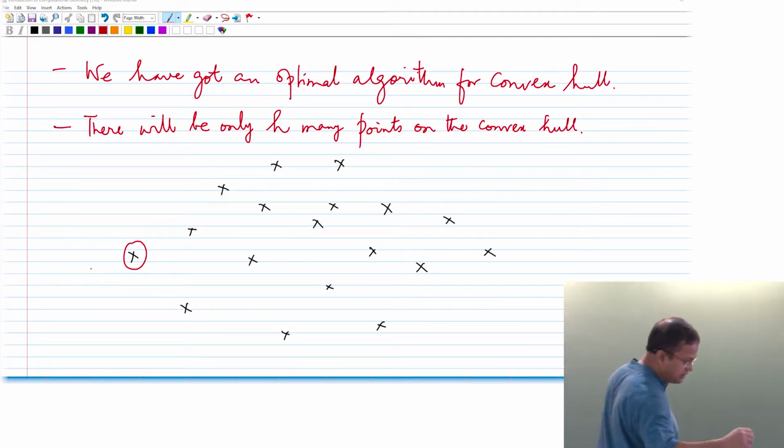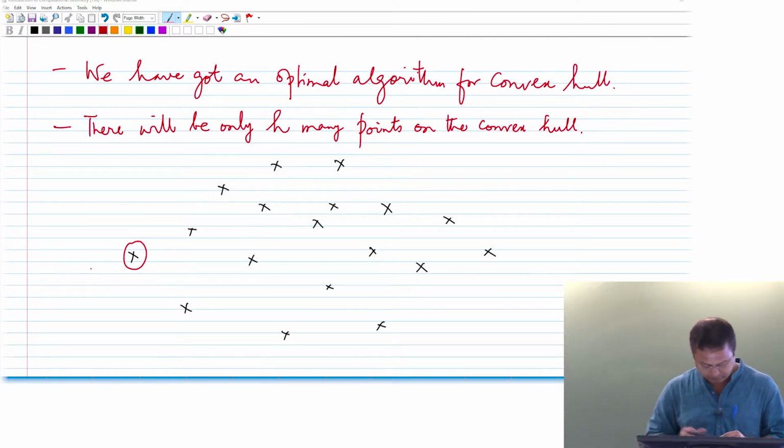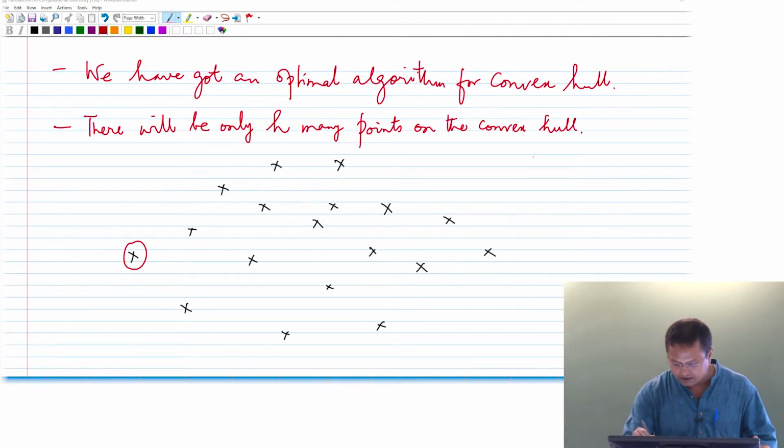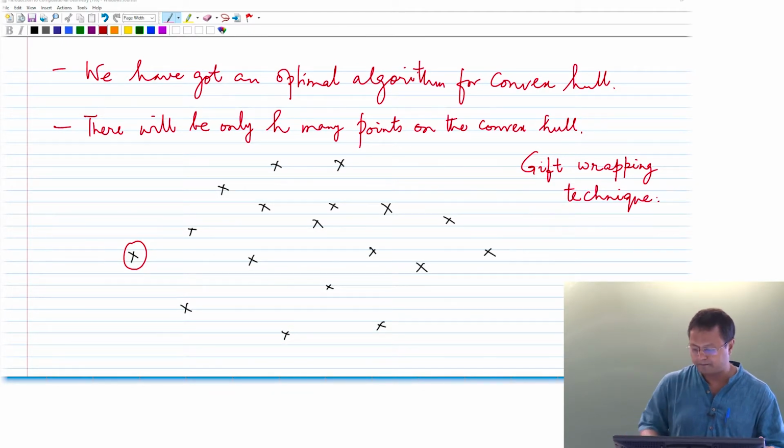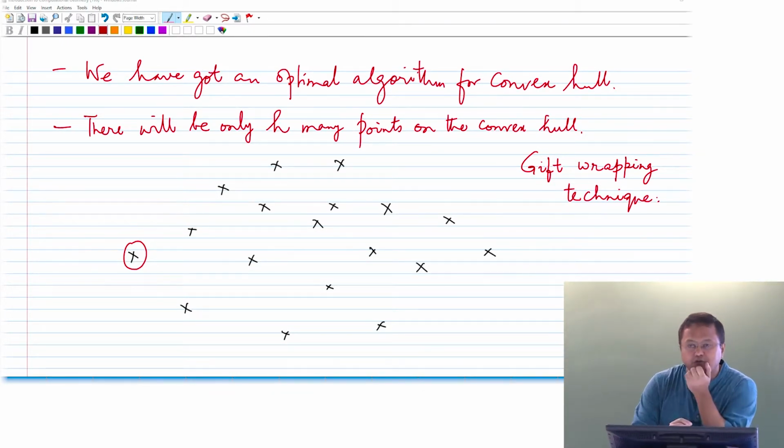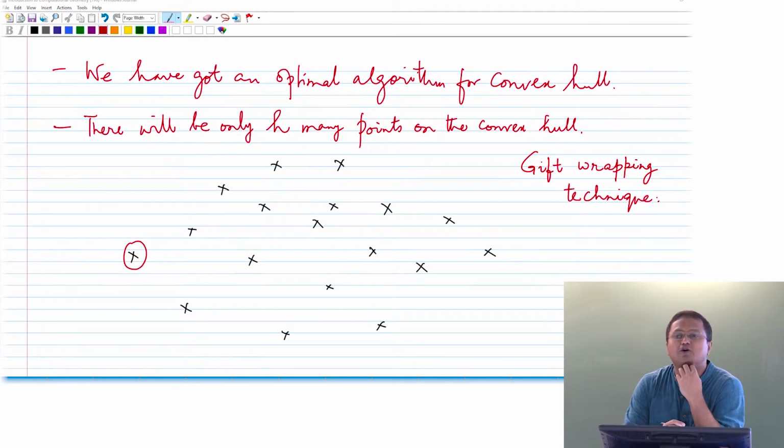The technique that is going to be used for this is known as the gift wrapping technique. So let us try to figure out the next point of which we can be sure.